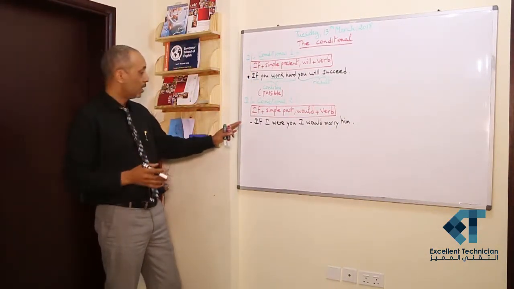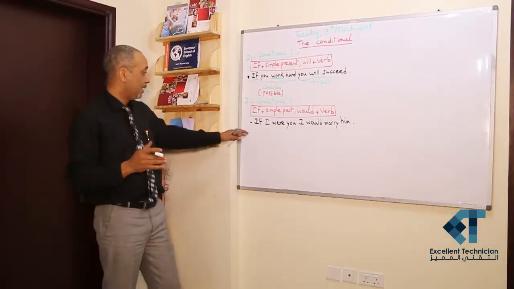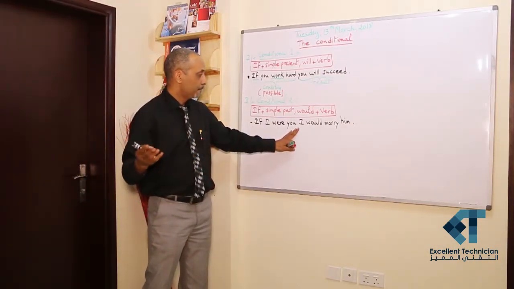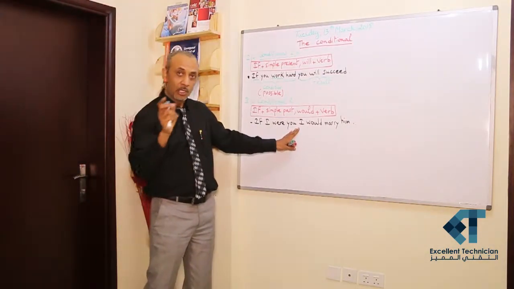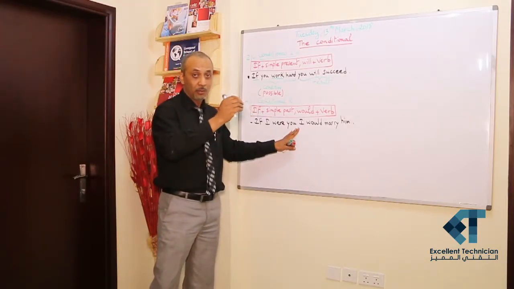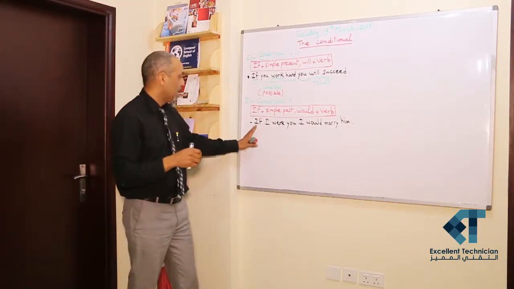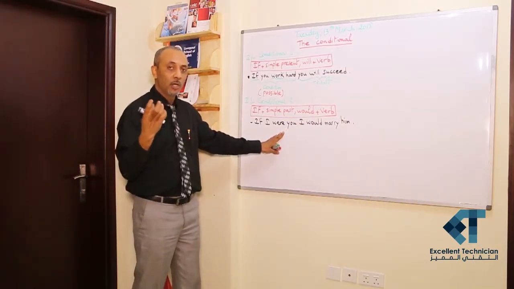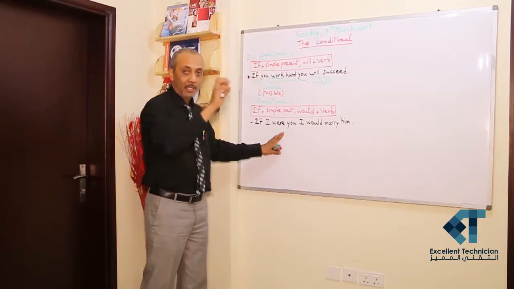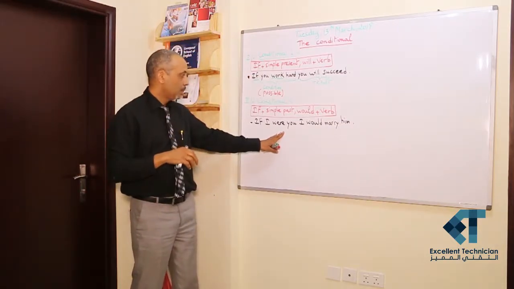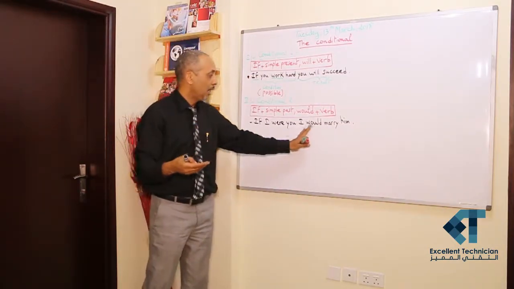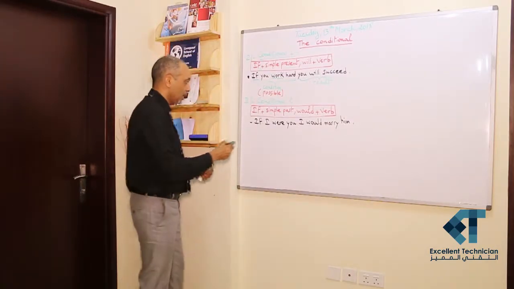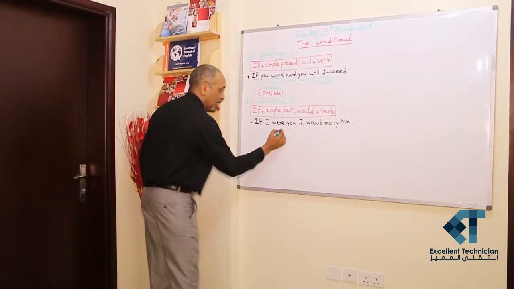The girl is speaking here about the man. If I were you, that means the first girl is talking to her friend, which is another girl, not a boy. If I were you, it means if the situation was that I'm in your place, in your position, what would happen? I would marry him. So here is the condition.